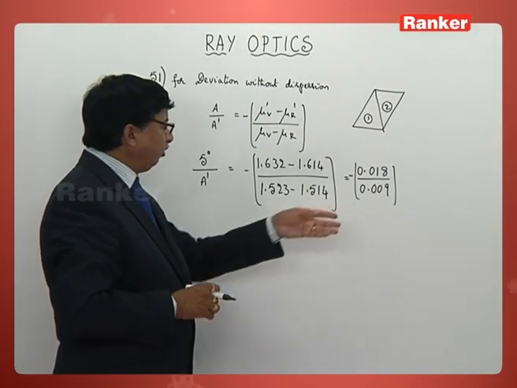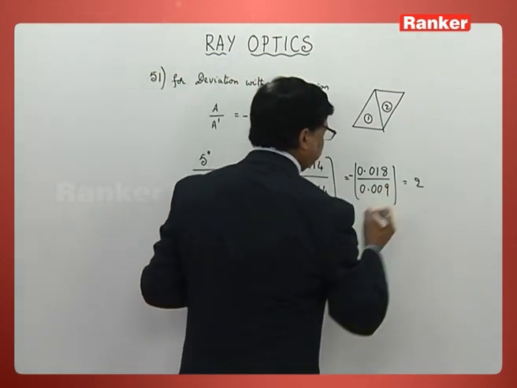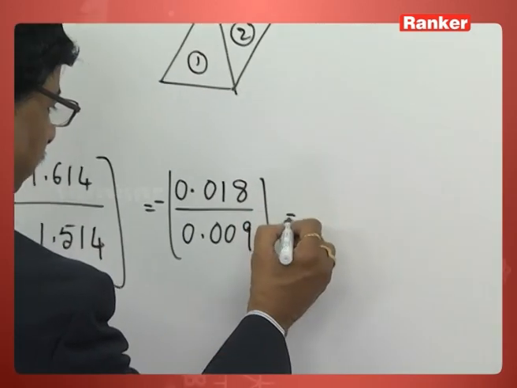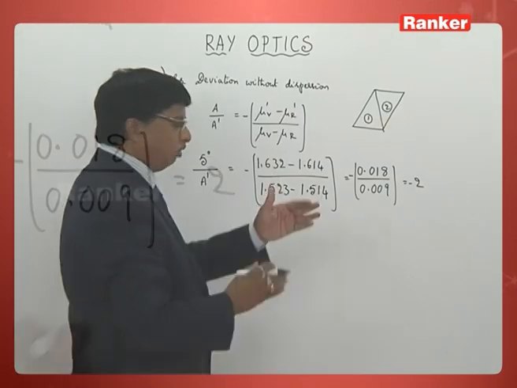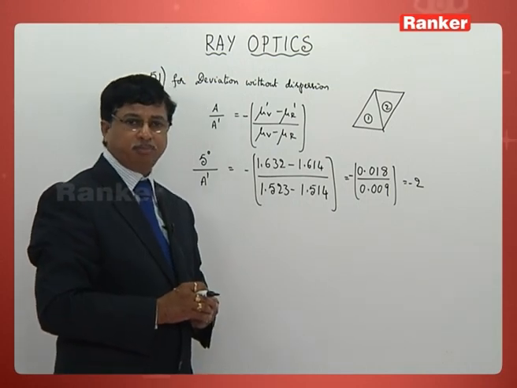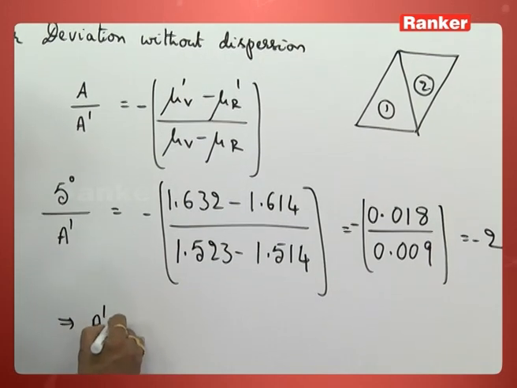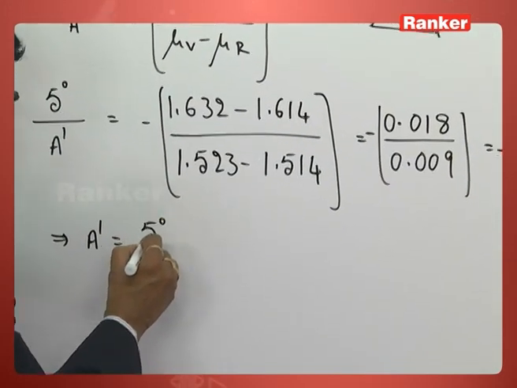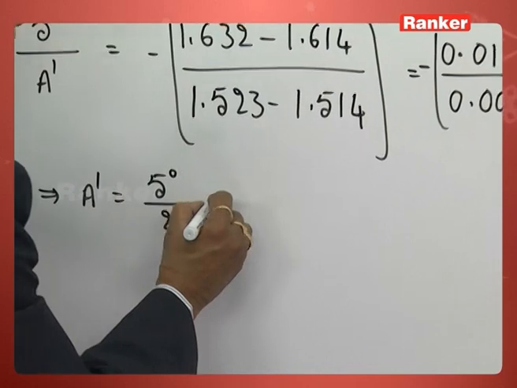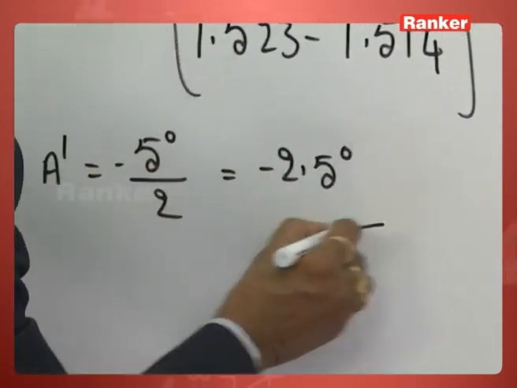When you write it like this, you will get exactly 2, no doubt with a negative sign. The negative sign only indicates how to attach the prisms. I have already told you that point in the beginning itself. Now we just want the value of A dash. It should be 5 over 2, which is 2.5 degrees with a negative sign.